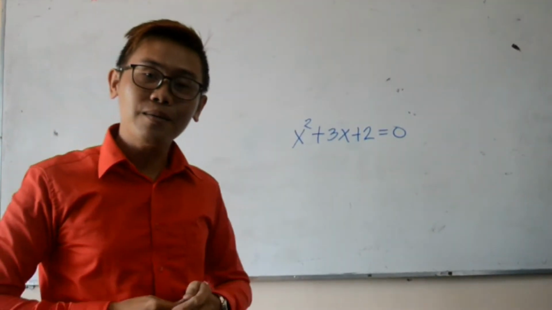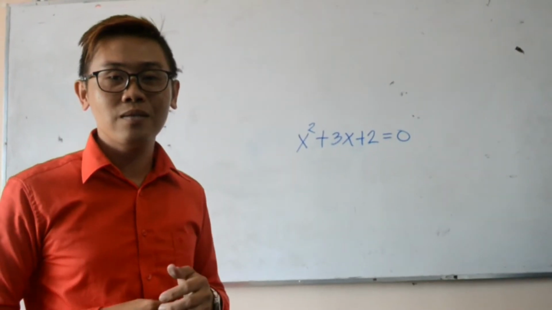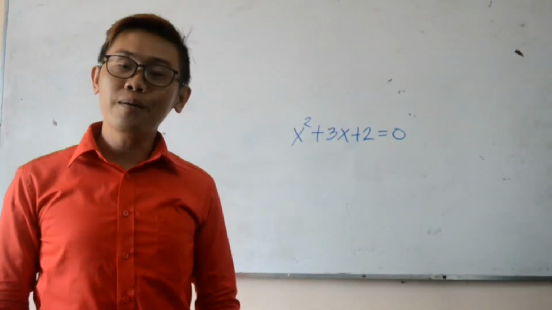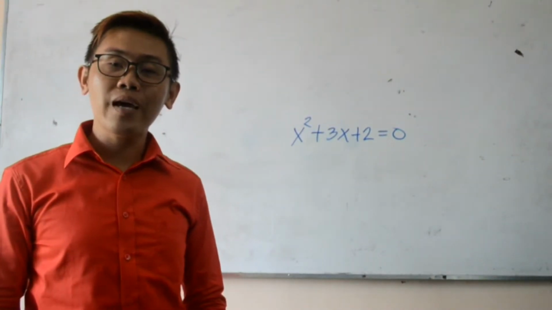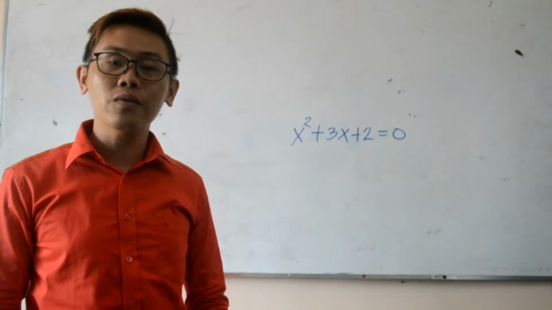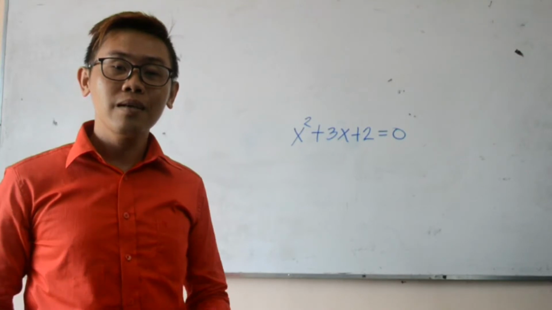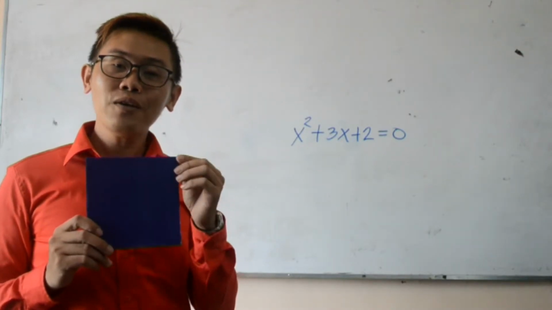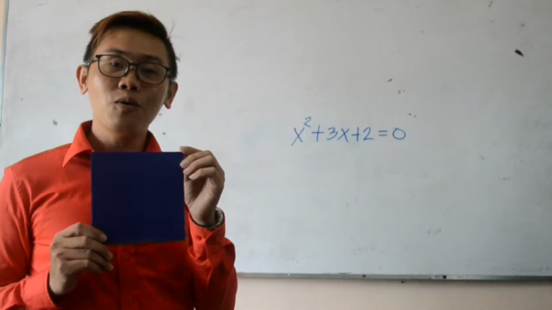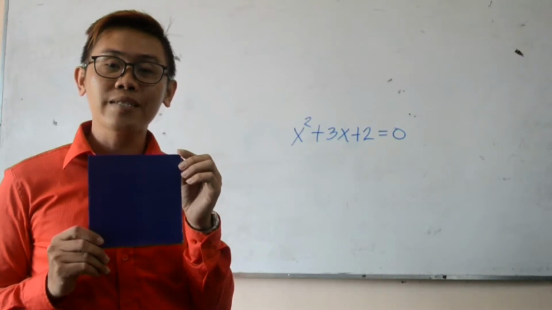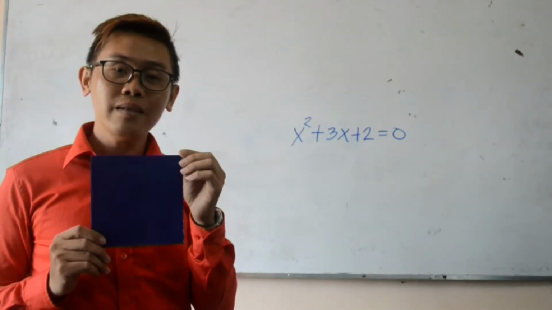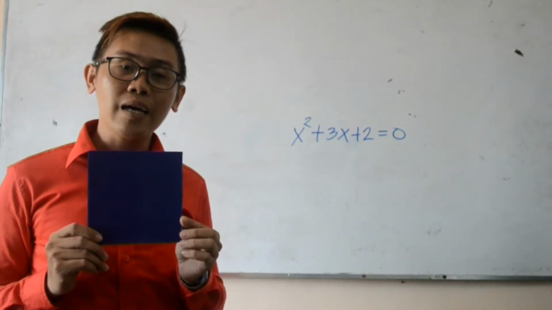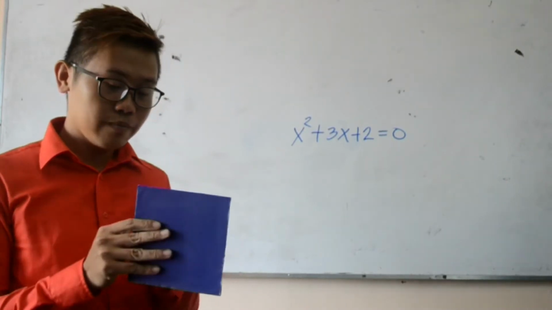So this is an example of a quadratic equation. To illustrate the example x squared plus 3x plus 2 is equal to 0, I am going to use the algebraic tiles. Consider this square whose side measures x units. Then, the area of this is x squared units.